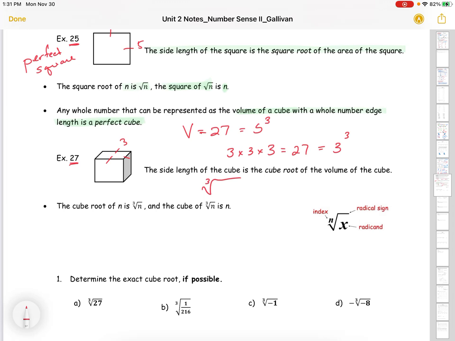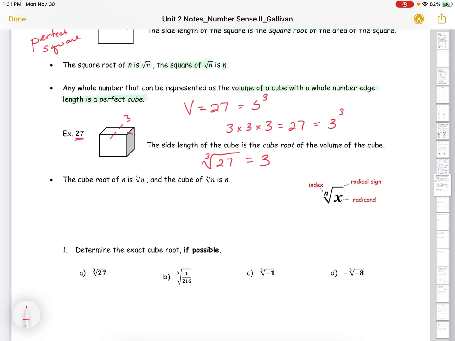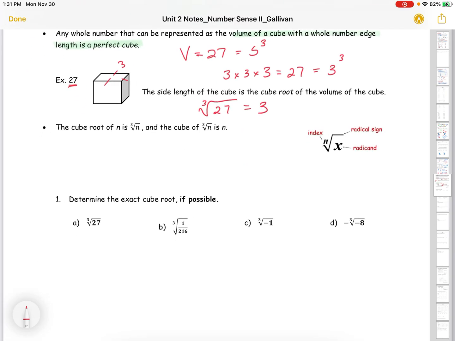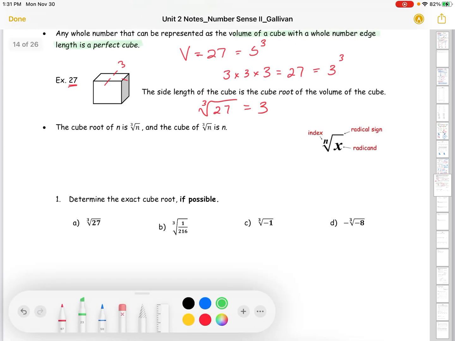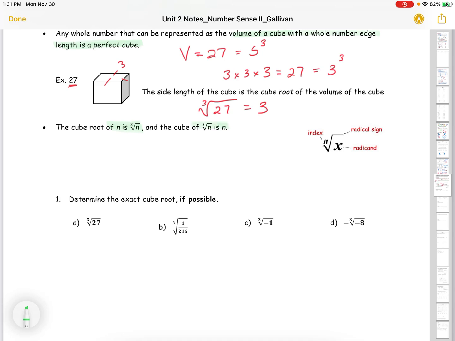And we can write a cube root in this way. We would have the square root bracket, except we put a 3 in there, and basically that's what it looks like. So the cube root of n, and the cube of the cube root of n is n.